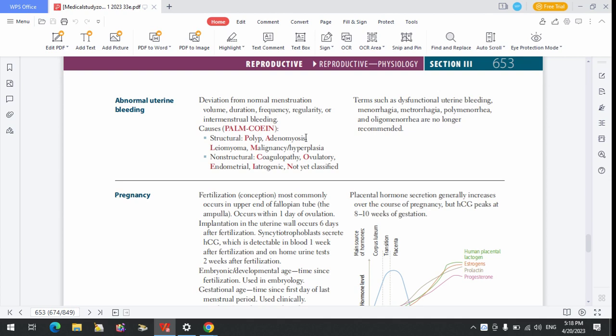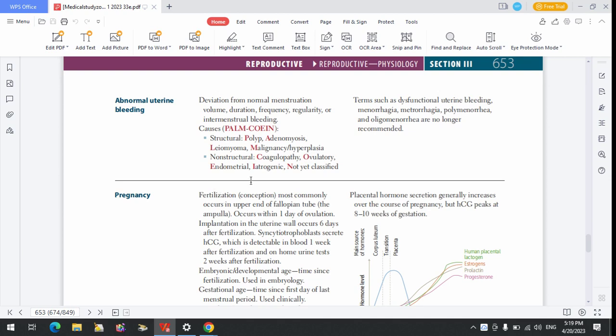So the bleeding is usually irregular because you can't predict when it's going to come and when it's going. Because of the unopposed estrogen stimulation, it just keeps proliferating, and with time it will come down and shed. And that is when you see the bleeding. So it's usually irregular in people with anovulatory cycles.